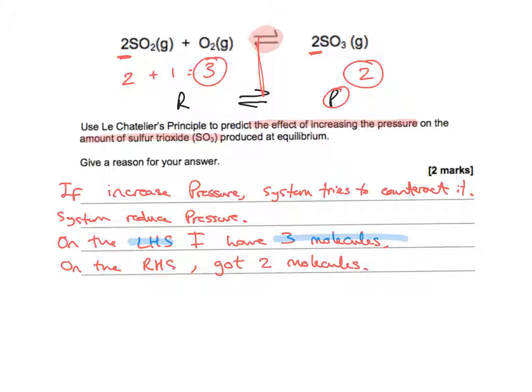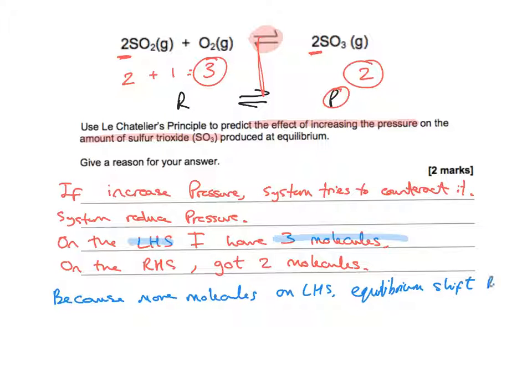Because there are more molecules on the left-hand side, the equilibrium will shift right to reduce pressure.